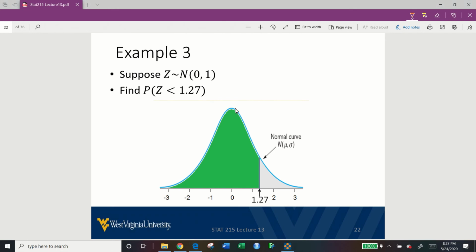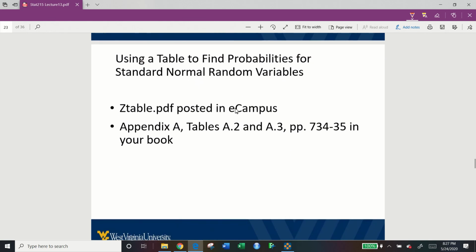Now, like with the binomial distribution and the Poisson distribution, we are very lucky when we are working with the standard normal distribution because there is a chart we can use. Now, we can, technically speaking, integrate using the PDF I taught you earlier, but when we're working with the standard normal distribution, using the table is much easier. So let's talk about that now.